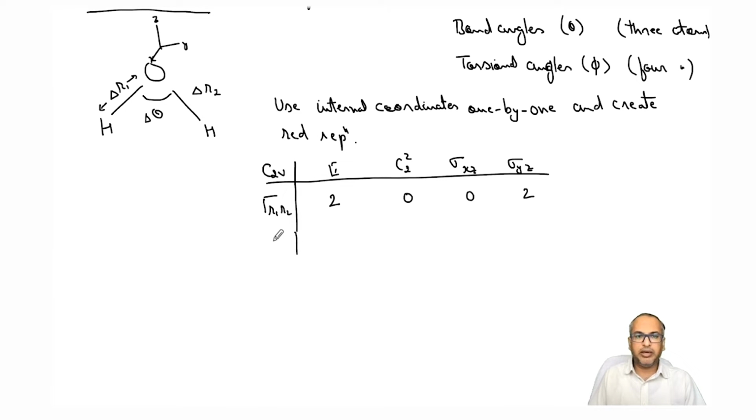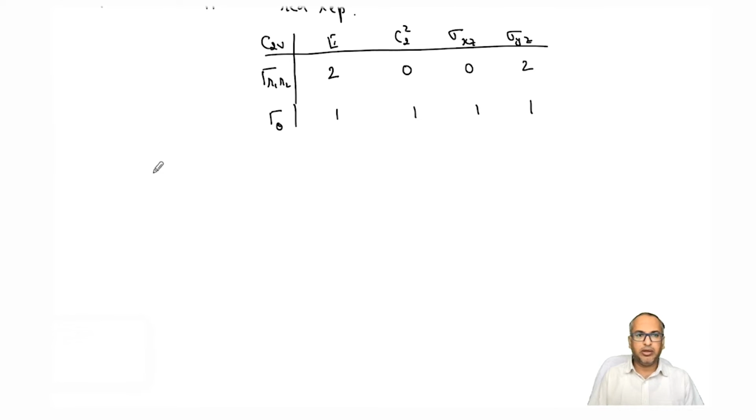Similarly, we can create one for delta theta, a reducible representation using delta theta as the basis. Nothing will change for this angle, right? This will be 1 1 1 1. Now this reducible representation can be broken into its component irreducible representations.